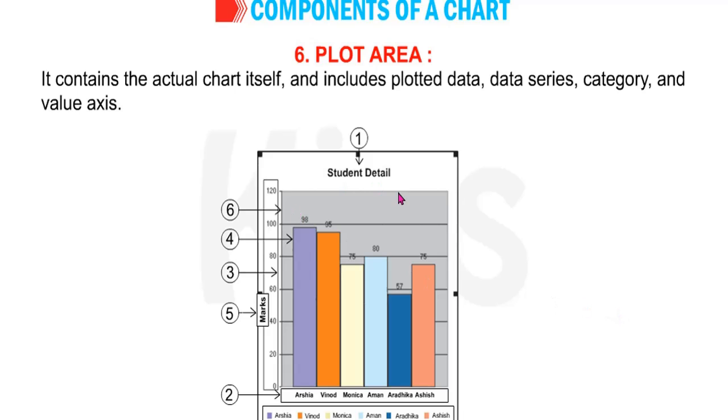It contains the actual chart itself and includes plotted data, data series, category and value axis. So this is the chart area and this is the plot area, only this shaded area.